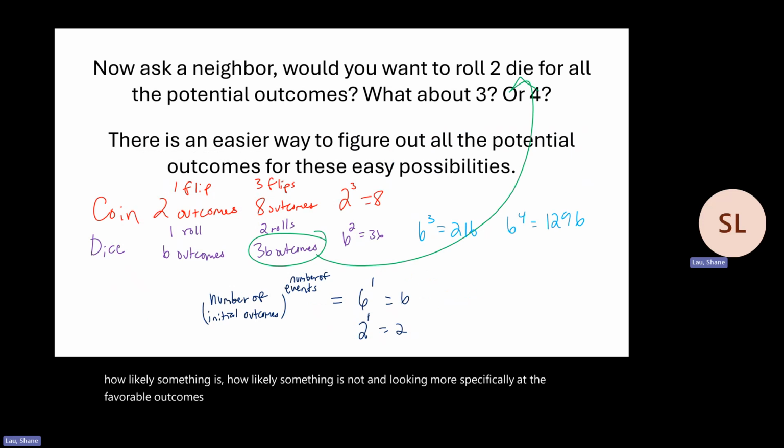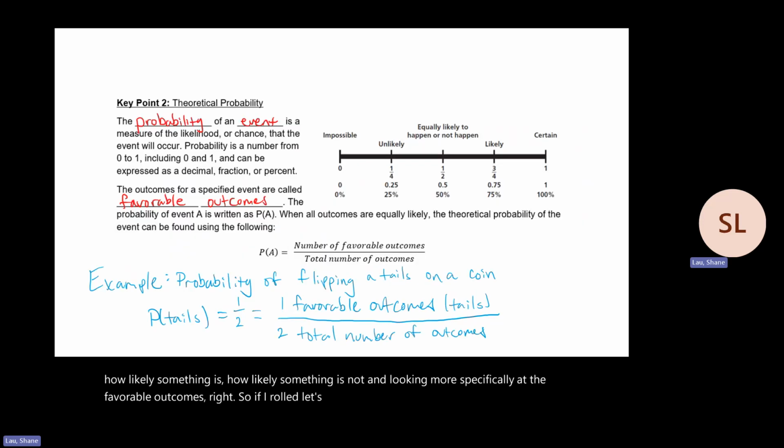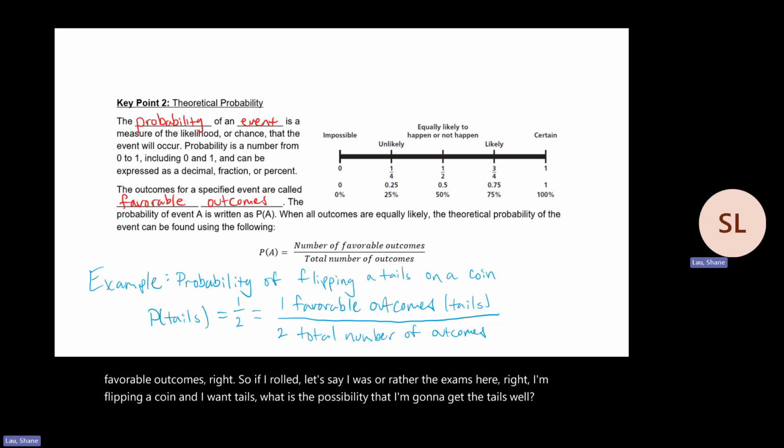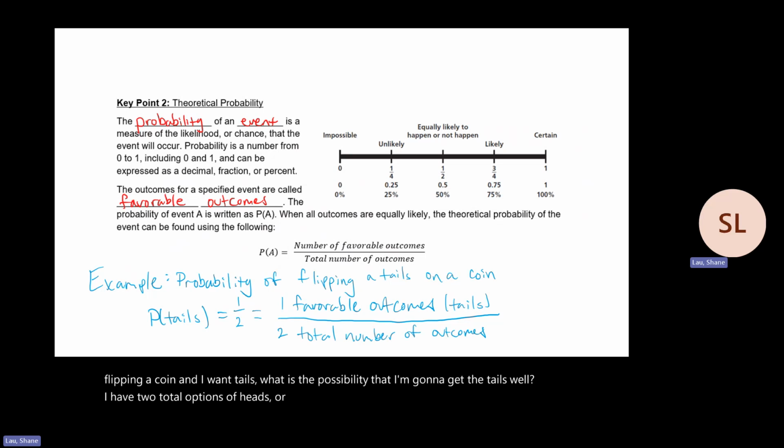So if I'm flipping a coin and I want tails, what is the possibility that I'm going to get a tails? Well, I have 2 total options of heads or tails, and tails is one of them. So I have 1 favorable outcome, tails, for every 2 total number of outcomes. Okay, so it's a little bit tricky to understand, maybe, but you'll catch on.